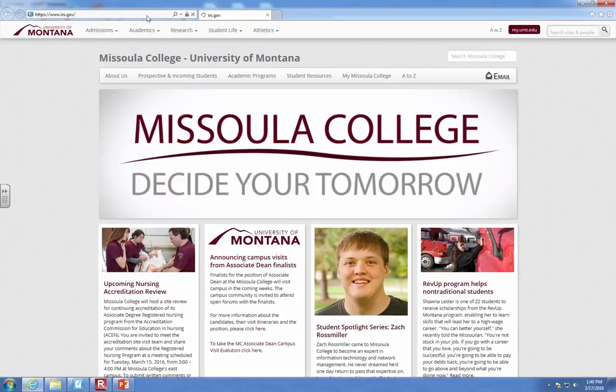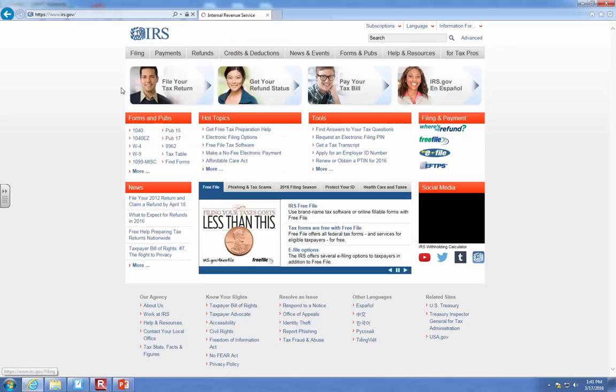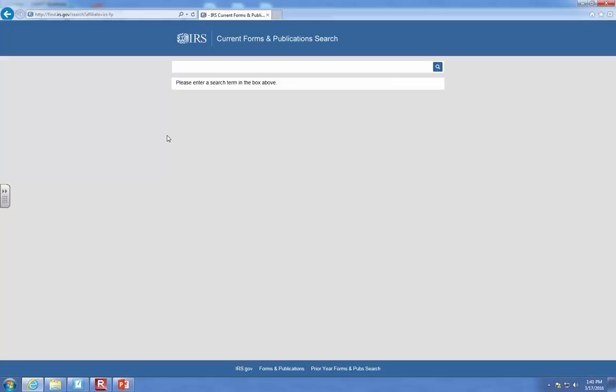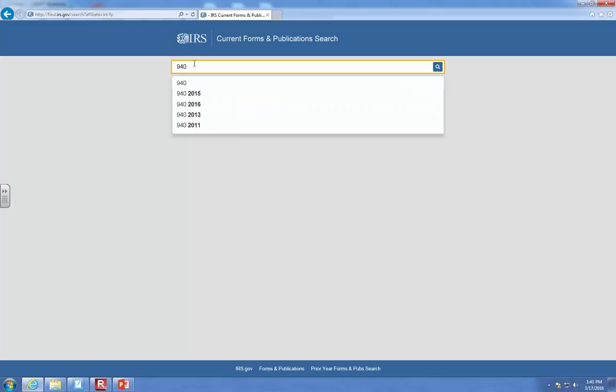So just go to irs.gov, and then up in this top left-hand corner are forms and pubs. And then search is also up there in the top left. Then just come in here and put your 940. And we want one for 2015.